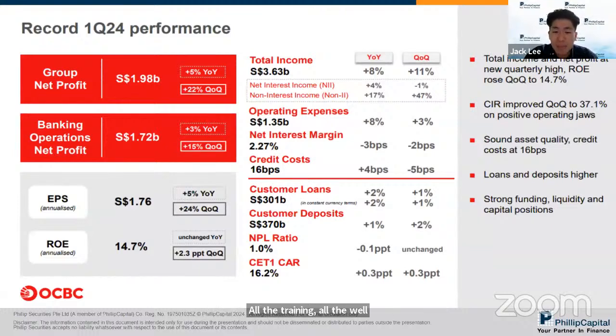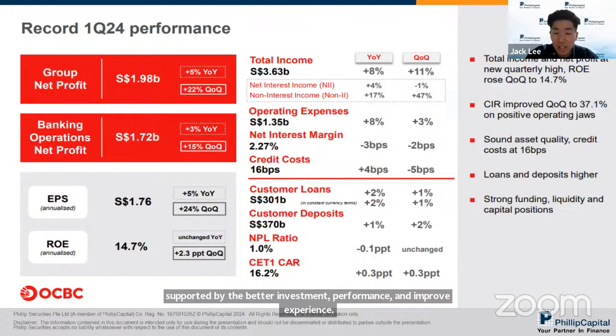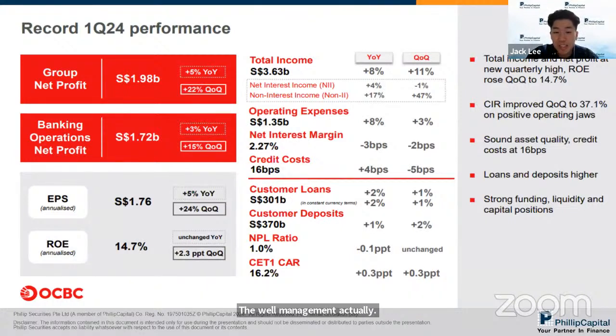Supported by better investment performance and improved claims experience, wealth management reached a new record of 1.29 billion, which is 33% above the previous quarter. So we can see the non-interest income for OCBC is growing a lot compared with UOB and DBS.